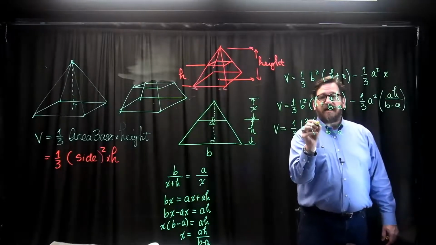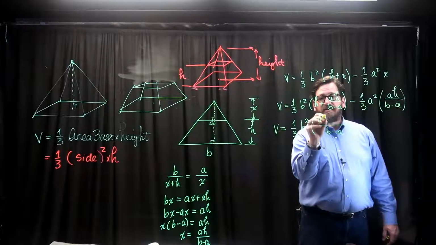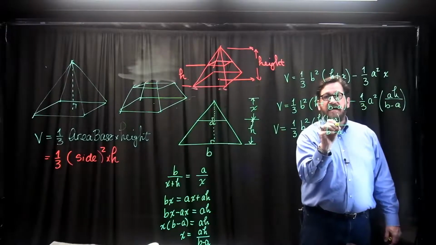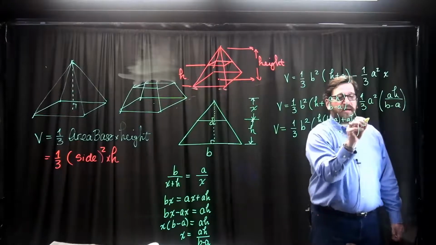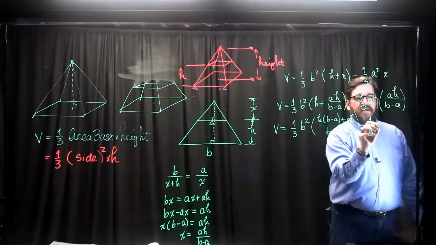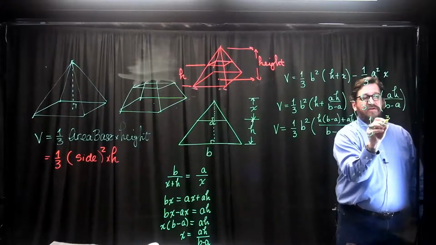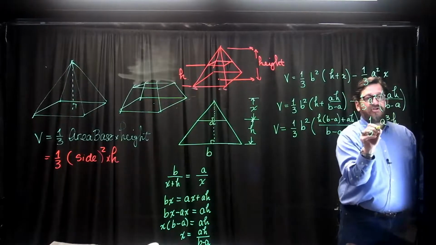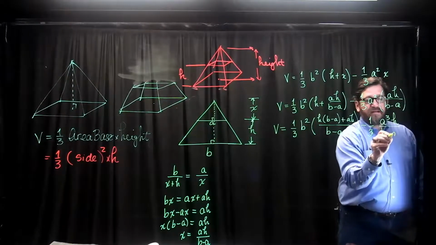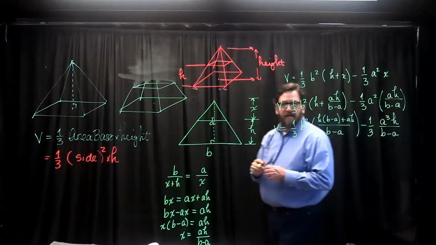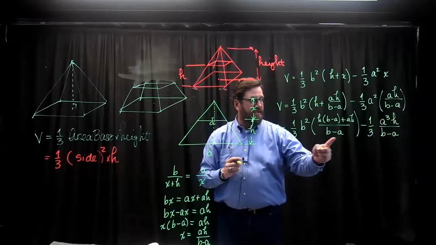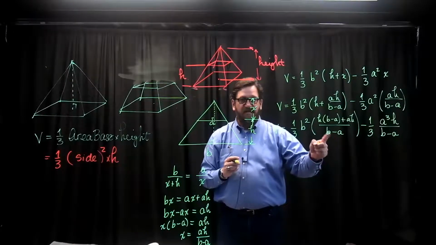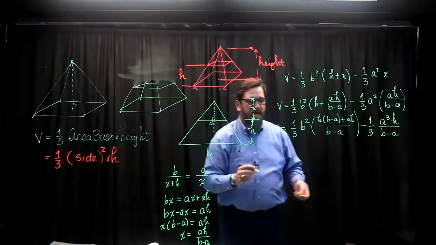So this means I have h times b minus a plus a times h, minus 1/3, and over here I'm going to have a cubed h over b minus a. And you now see getting the common denominator made sense because both terms are now going to have a denominator of b minus a.